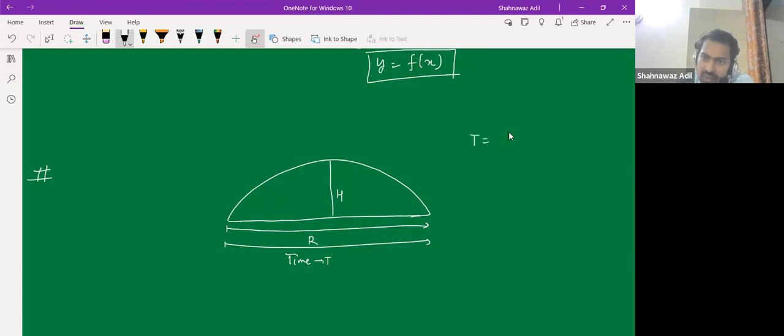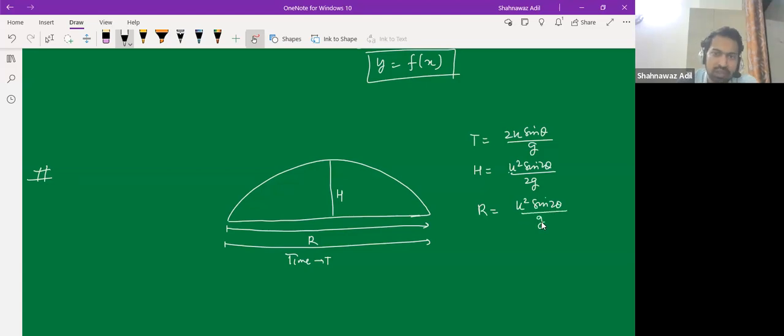This is 2u sine theta by g, and then we have height, which is u square sine square theta by 2g, and then we have the range, which is u square sine 2 theta by g.